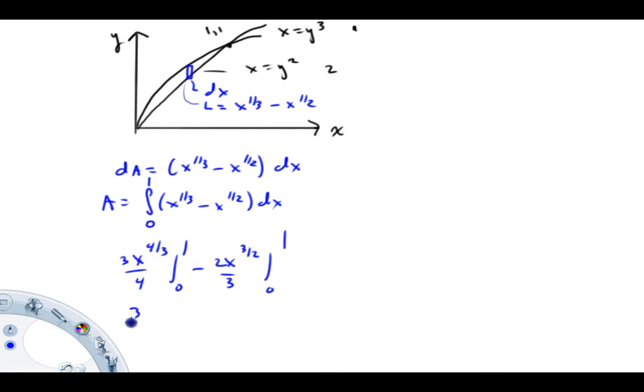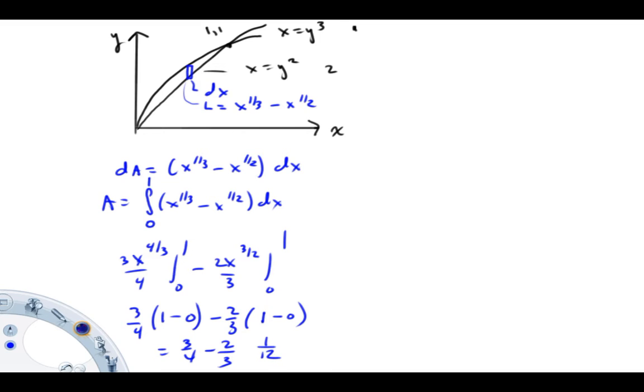So this one's going to be 3/4 times 1 minus 0. 1 to the 4/3 is still 1, 0 to the 4/3 is 0. Minus 2/3 times x to the 3/2, or 1 to the 3/2 is 1, minus 0. And what we get out of that is 3/4 minus 2/3. So let's see, 9 minus 8, 1/12, I believe, for the area bound within that region.